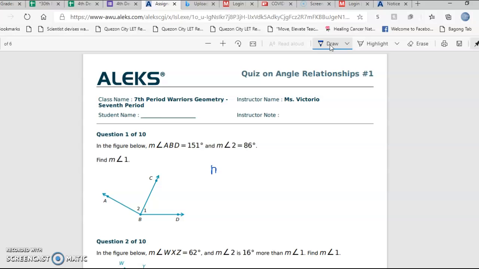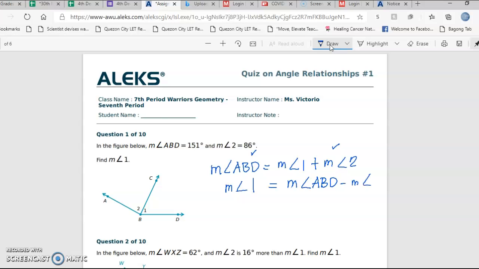Okay, there you go. The measurement of angle ABD is equal to the measurement of angle 1 plus the measurement of angle 2. We know these things, so we can just make this: angle 1 is equal to the measurement of angle ABD minus the measurement of angle 2.